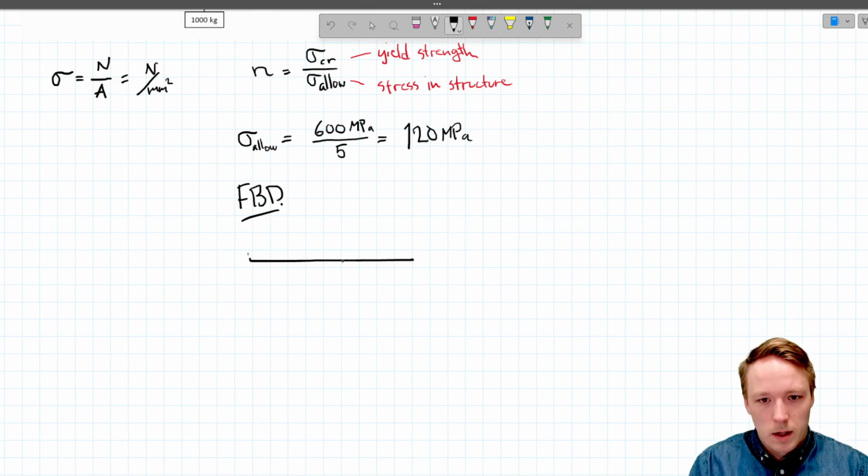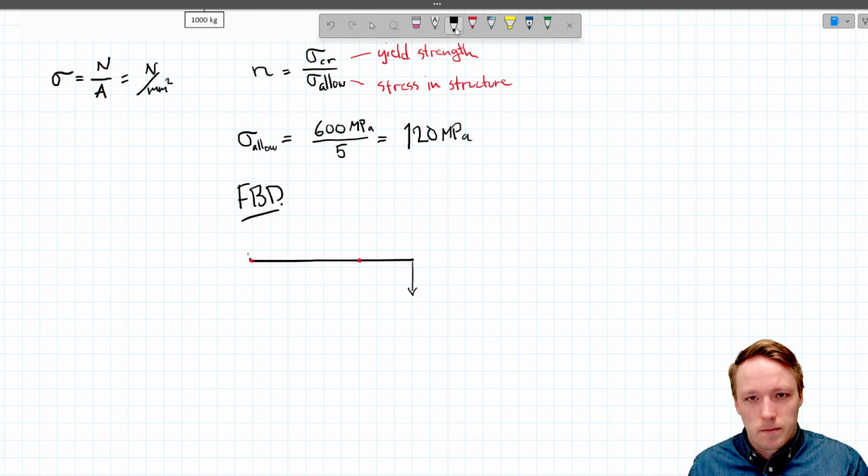At the end in here, we have the external force, like so. Then we have a point in here. I use red color to highlight this. And then we have a point in here. In here, we have the force from the wire.